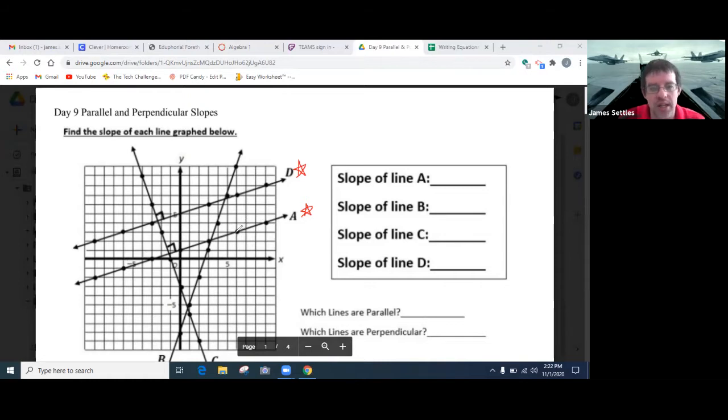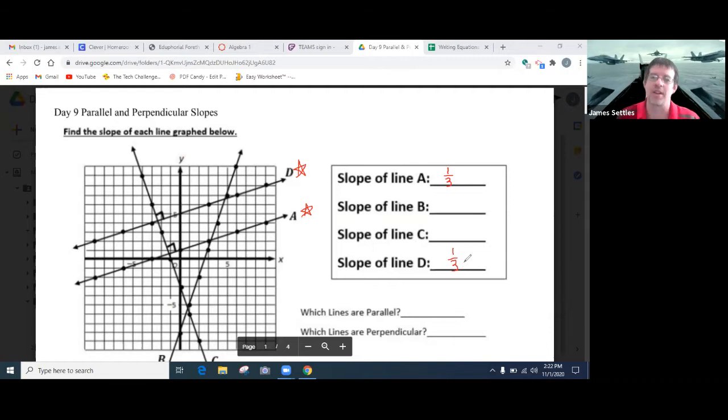And what I want you to see here is that going from dot to dot, the slope is up 1 over 1, 2, 3. So up 1 over 3. That would give a slope of 1 over 3. And then D is also up 1 over 3. And that's what makes them parallel, okay, is because they both have the same slope.